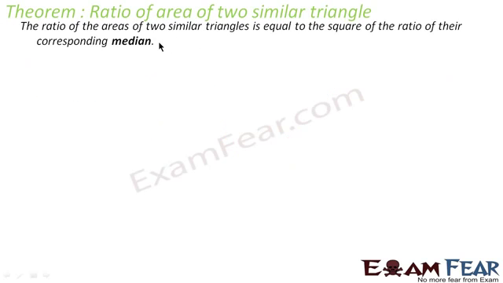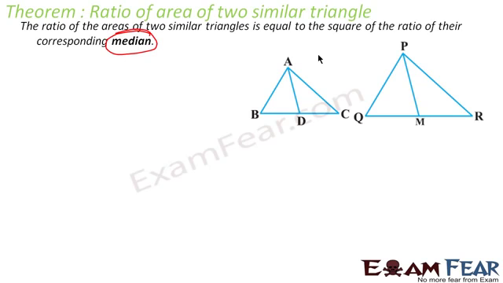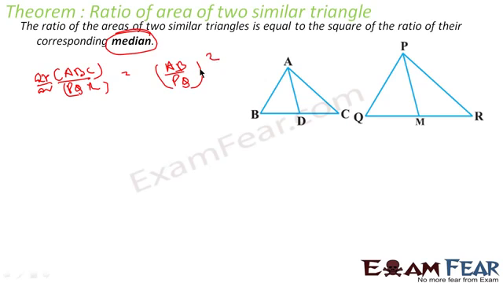Similar to this, we have ratio of the area of two similar triangles is equal to ratio of their corresponding median. Same thing here. See, we have proved that area of ABC by area of PQR is equal to AB by PQ square.